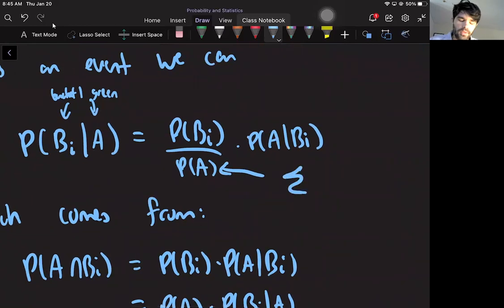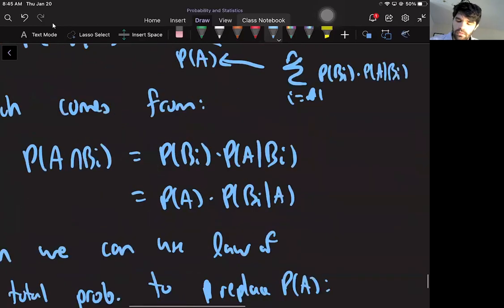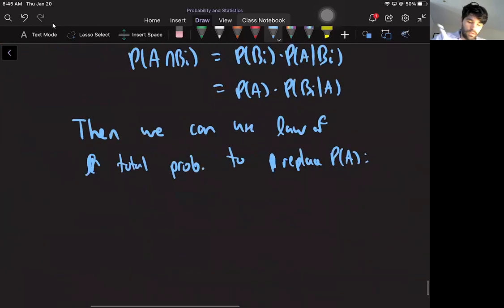Because the B's form a partition, I can rewrite this, i equals 1 to n, as this sum of probabilities times conditionals. Okay, so that's what we're going to do here to get the more advanced Bayes' rule.